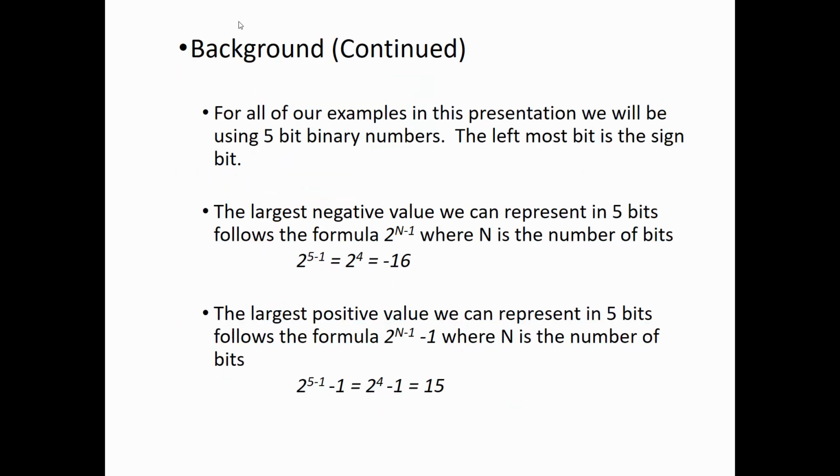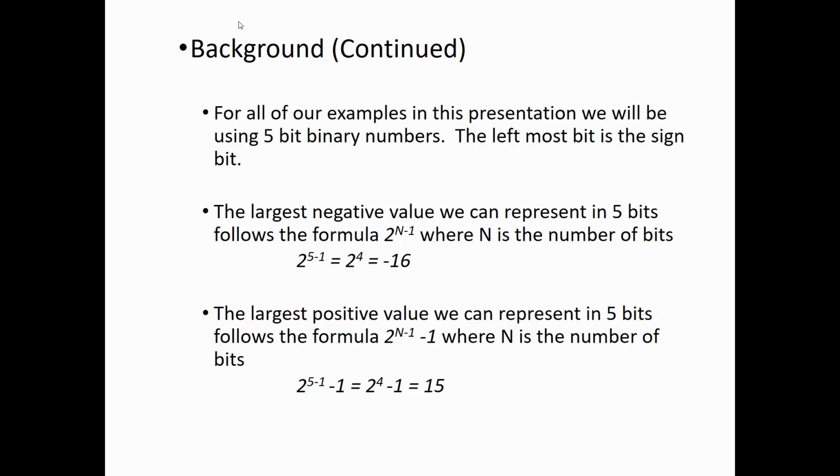Okay. A little bit more background for all of our examples in this presentation for the overflow. We're going to be using 5-bit numbers just to make it simple. Again, just to reiterate, the leftmost bit is the sign bit. You also need to understand the largest number you can represent in both negative and positive numbers.